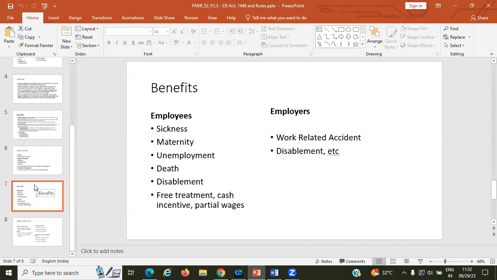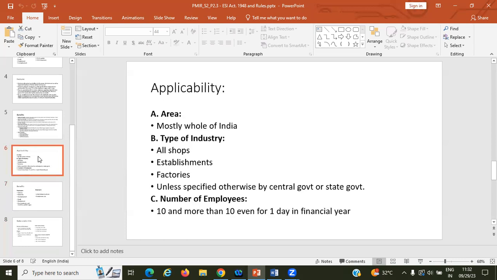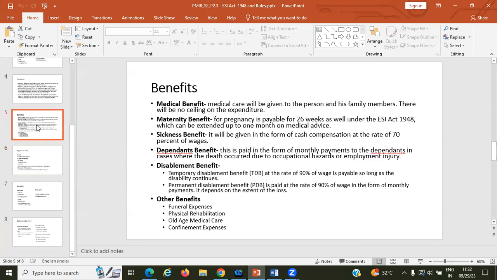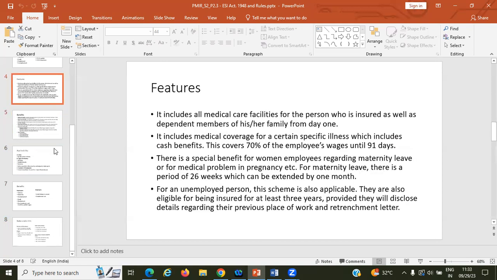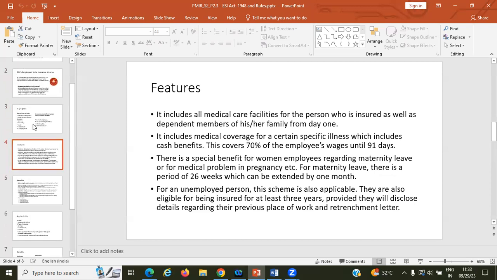Benefits is one important thing to remember. Applicability, then benefits; this is the same thing we gave in a different point. Features: the main features are medical care, sickness, maternity, unemployment. These are the keywords.